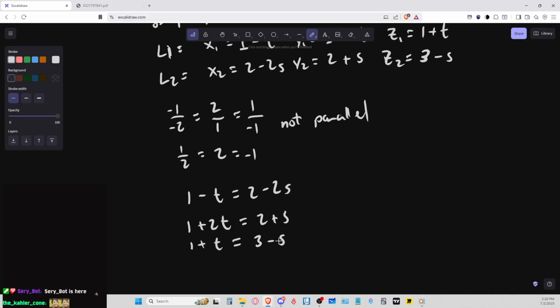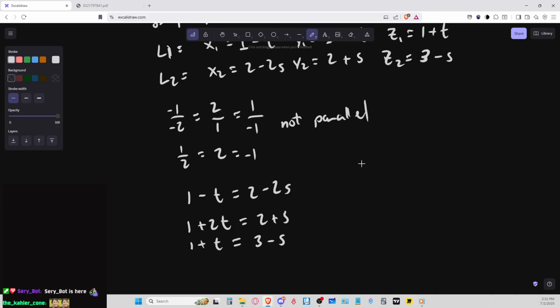Alright, so I guess we're gonna have to solve for t, because it looks like it's either t or s. I mean, both of them seem valid. Let's solve for t because that's the first line.